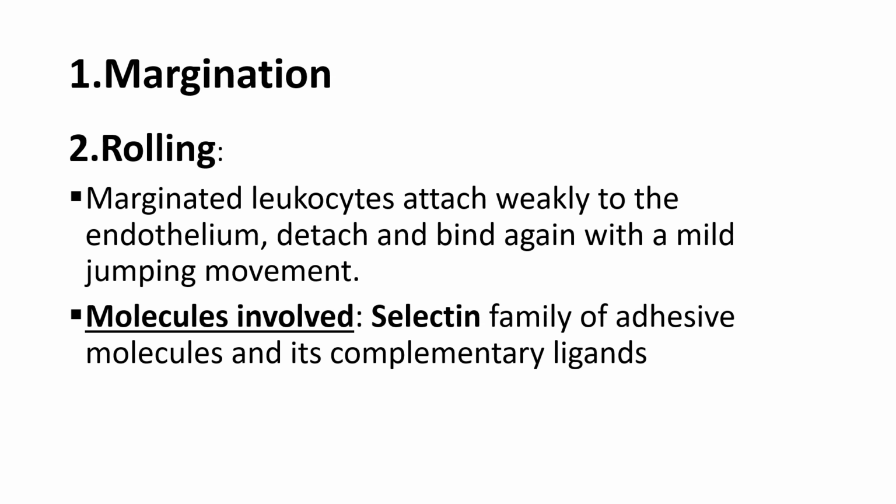Rolling means weak attachment between the endothelial cells and the leukocytes, which leads to detachment and binding again. There are certain molecules that are important for the process of rolling, and these molecules are called selectin molecules.